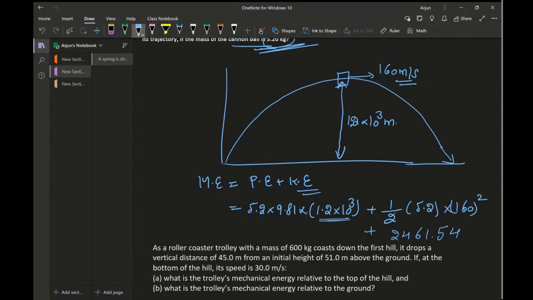I'm just putting it in my calculator because I'm using my phone calculator right now. So that will be 61214.4, and then I add 2461.54.